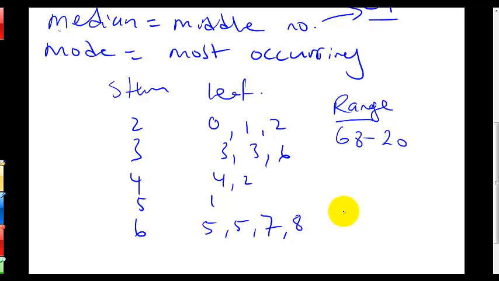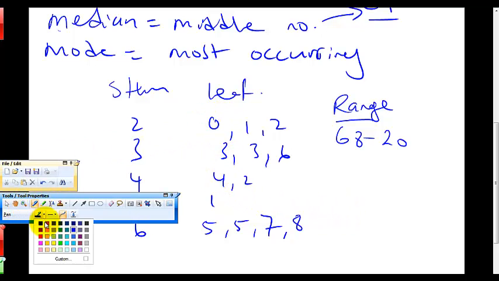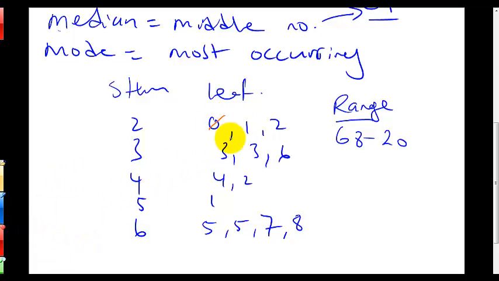Median, obviously the way you would go about doing it is cancelling the first one with the last one, and working inward until you reach the middle.